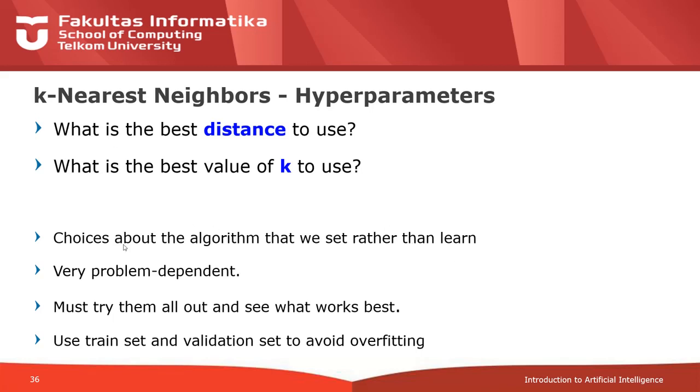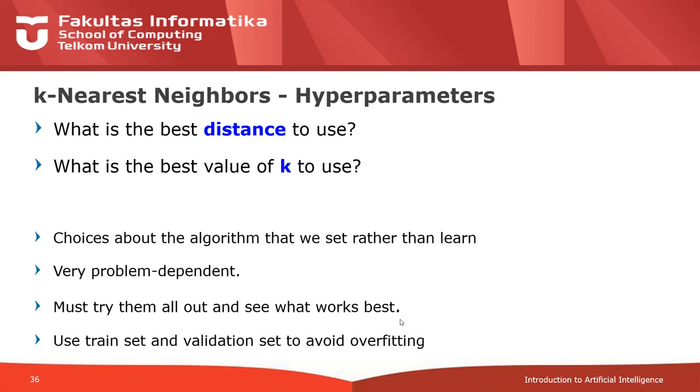This hyperparameter is very problem dependent. What I mean by problem dependent is that if you use a different training data set, then the hyperparameter that is good for one training data set may be bad for the other training data set.